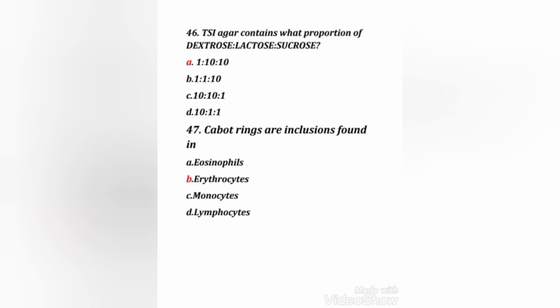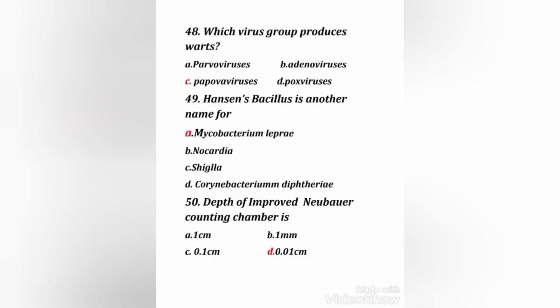Cabot rings are inclusions found in eosinophils, erythrocytes, monocytes, lymphocytes. And the right answer is option B. Cabot rings are inclusions found in erythrocytes. They are thin, red-violet staining thread-like strands in the shape of a loop or figure 8 that are found on the RBCs. Their presence indicates a defect in RBC production. And here the right answer is option B.